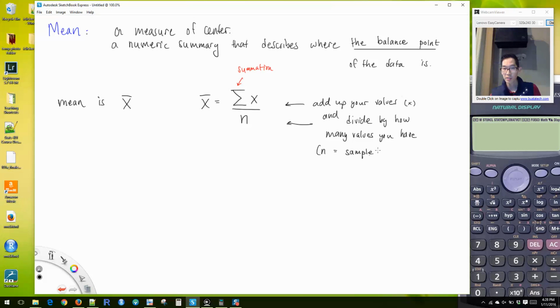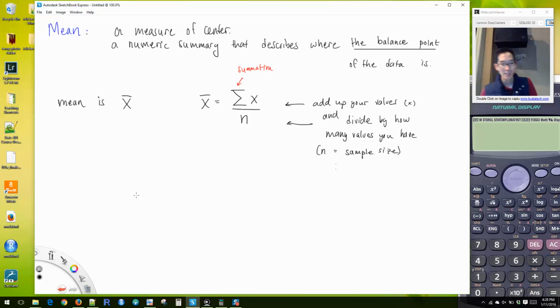Okay, and so throughout this class, if you see x bar, that means the sample mean, okay? And if you see n, that is your sample size. All right, so that's simple enough, right? I think we're all familiar with this. We probably learned this in like 6th grade or something.